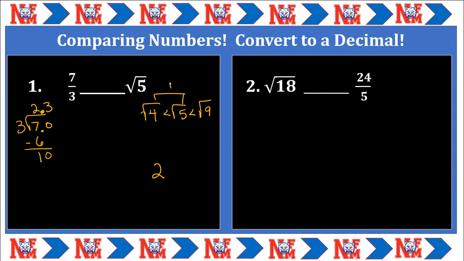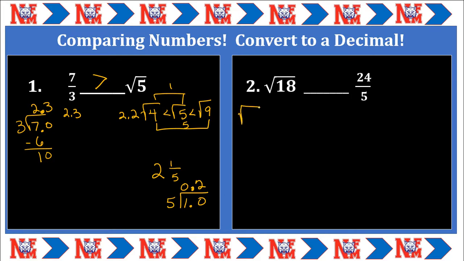From 4 to 5 is 1, and from 4 to 9 is a distance of 5. And then we're going to divide 5 into 1. Okay, so we have 0.2. We can stop there because this is 2.3. So we have 2.3 compared to about 2.2. So we're going to say 7/3 is greater than the square root of 5.